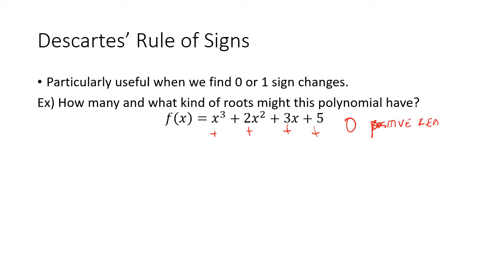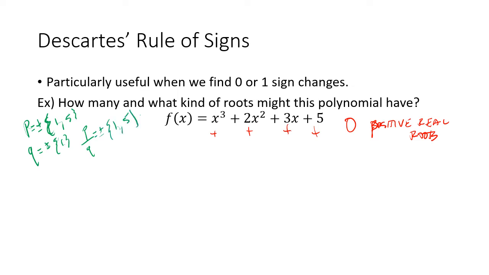real roots. If we combine this with the other thing that we know how to do, which is the rational zeros theorem, we could say, p is plus or minus the factors of 5, so 1 and 5, and q is plus or minus 1. So p over q is only plus or minus 1 or 5.